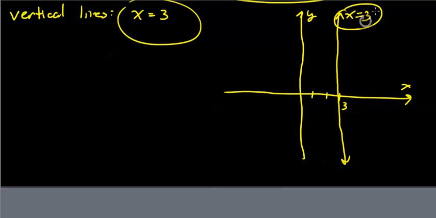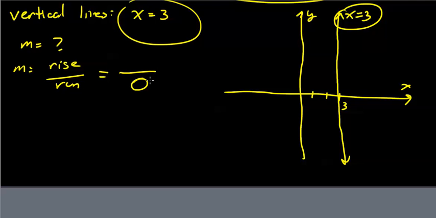If I was to ask you what the slope of this vertical line is, well, slope is always rise over run. Now, this is somewhat similar to the horizontal case, except instead of there being no rise, there's no run here. The vertical line is all rise.